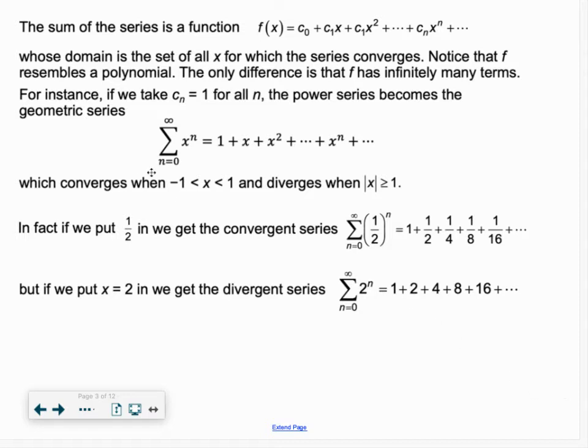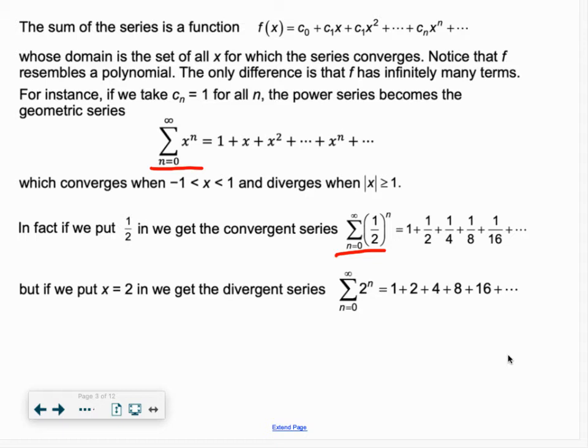So for example, if we have the series x to the n right here, and if you list out the terms, you get 1 plus x plus x squared, and so forth. Well, if your x is a half, then you have a half to the n, which is a nice geometric series. The common ratio is less than 1, so you end up with a convergent series.